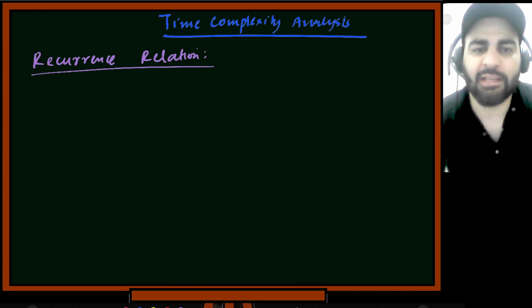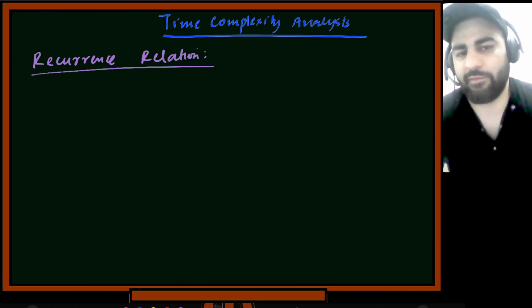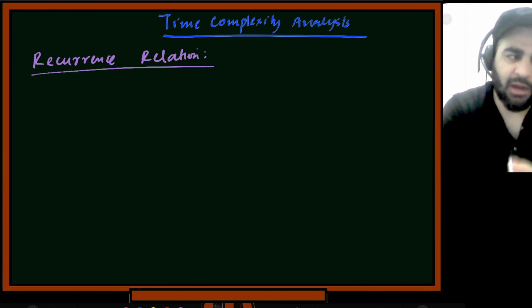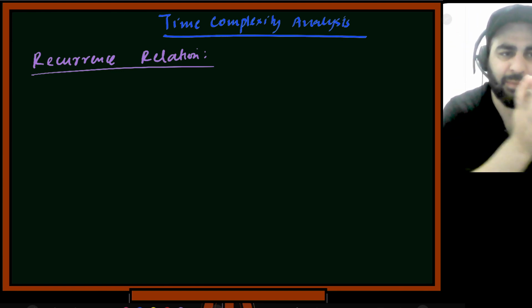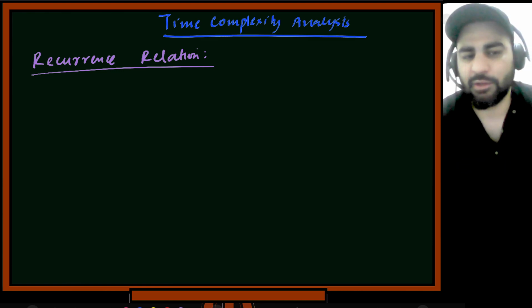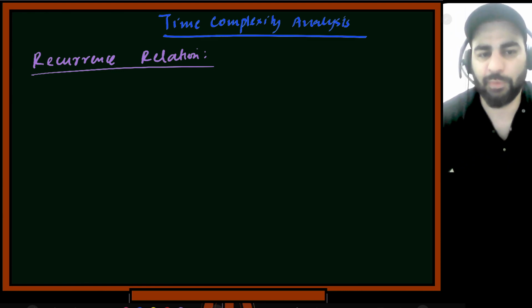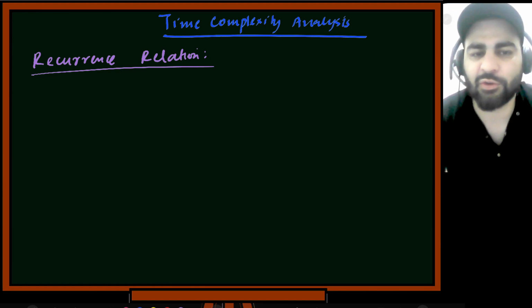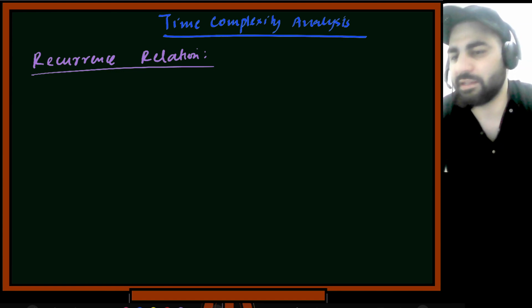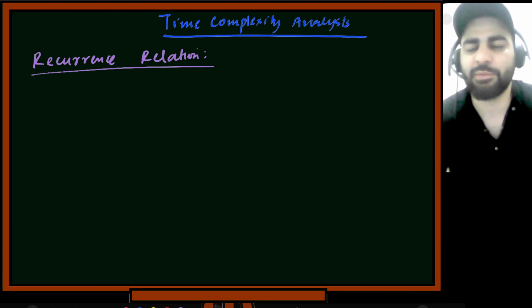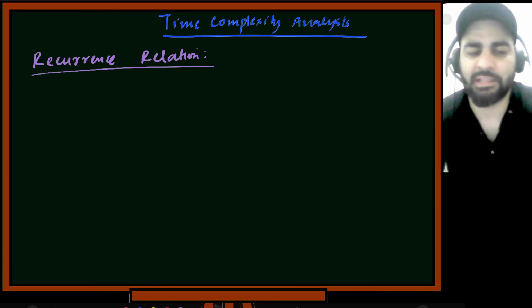And there are some algorithms, for example the Fibonacci series, where the output of a step is dependent on the previous steps. That is where recurrence relations come into play. They play a significant role in optimizing algorithms, because sometimes we have recursive algorithms also, and in recursive algorithms we also use these recurrence relations.